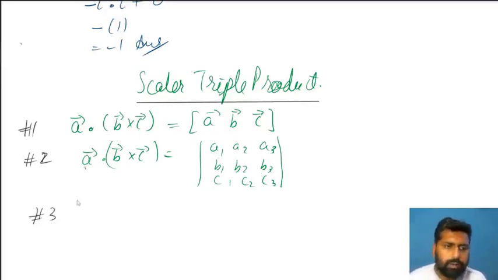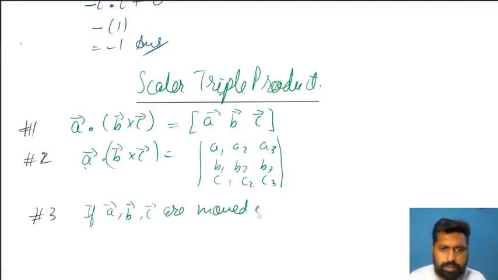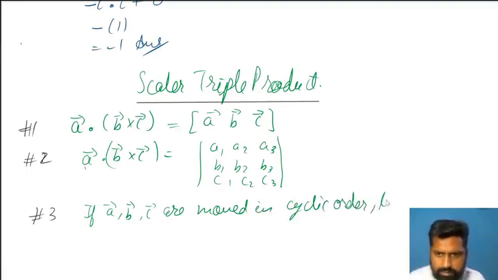Now, if A, B, C are moved in cyclic order, then the scalar triple product remains the same.